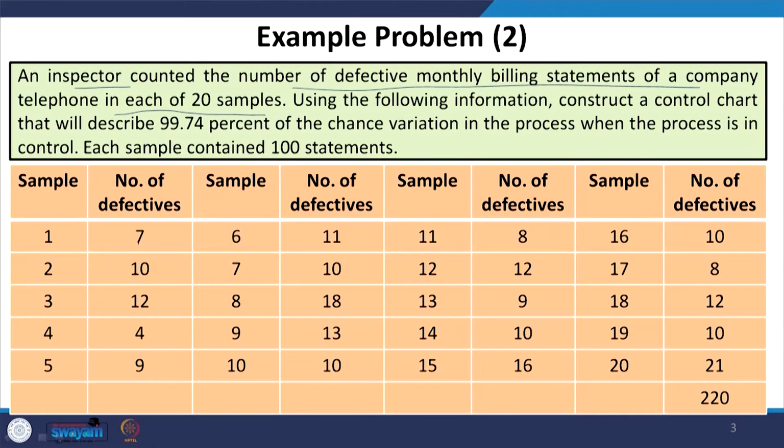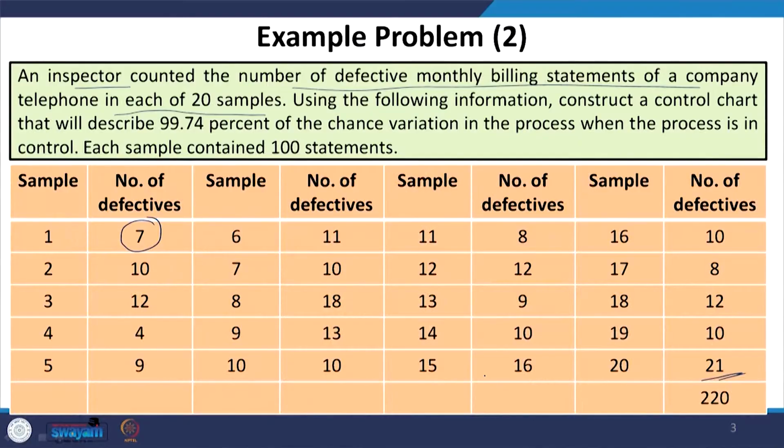In the first sample 7 defective bills are there, in the second 10, then 12, then 4, then 9, then 11, 10, 18, 13, 10 and so on up to the 20th sample. We have a total of 220 defective bills.